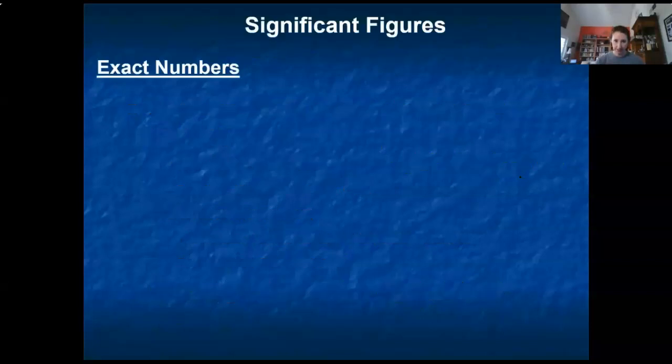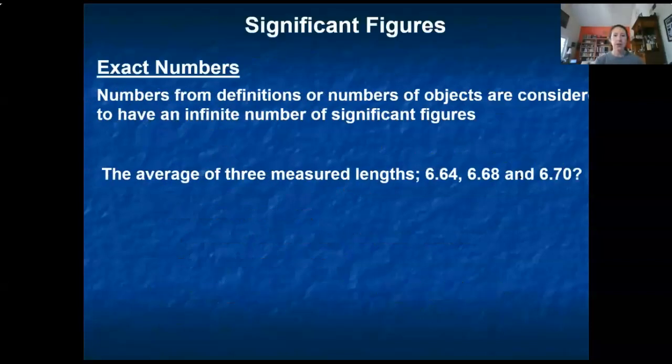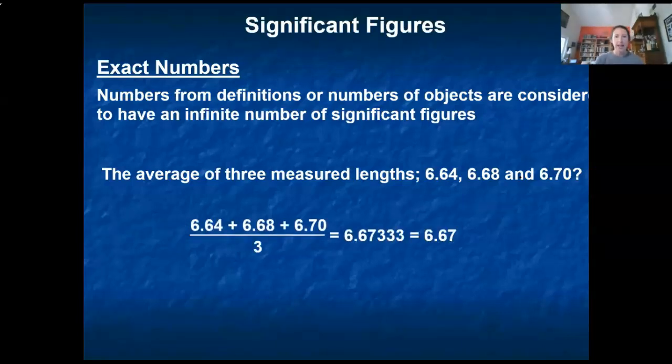Here's an example of that. If we were going to do the average of 3 lengths, we would just add these up and divide by 3, right? Here is the answer our calculator gives us. If we look here, this has 2 places past the decimal, 2 places past the decimal, 2 places past the decimal, but we are dividing by 3.